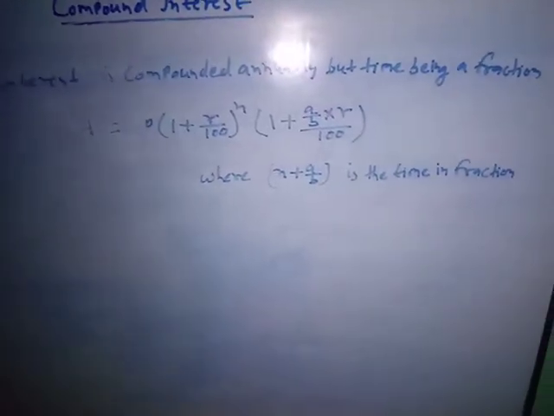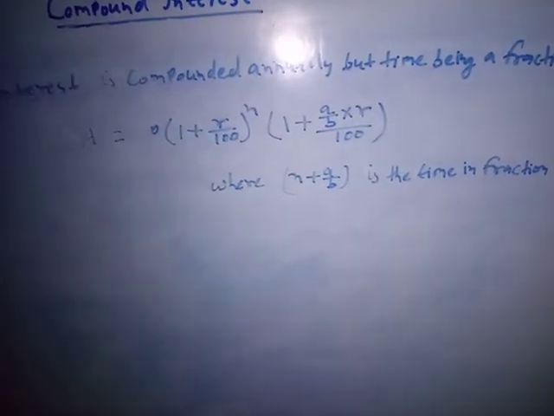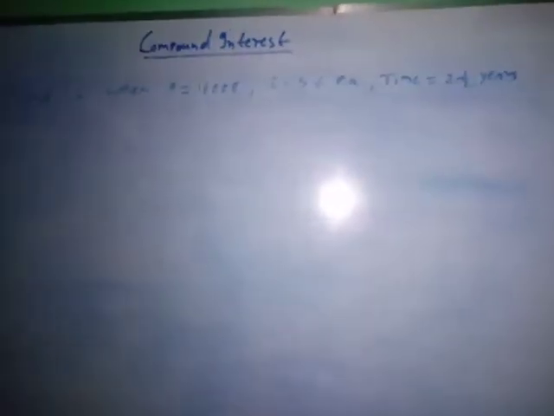See the example. Find CI when principal is 16,000, rate is 5% per annum and time is 2.5 years. Here time is given in fraction, so we can use the formula for fractions.